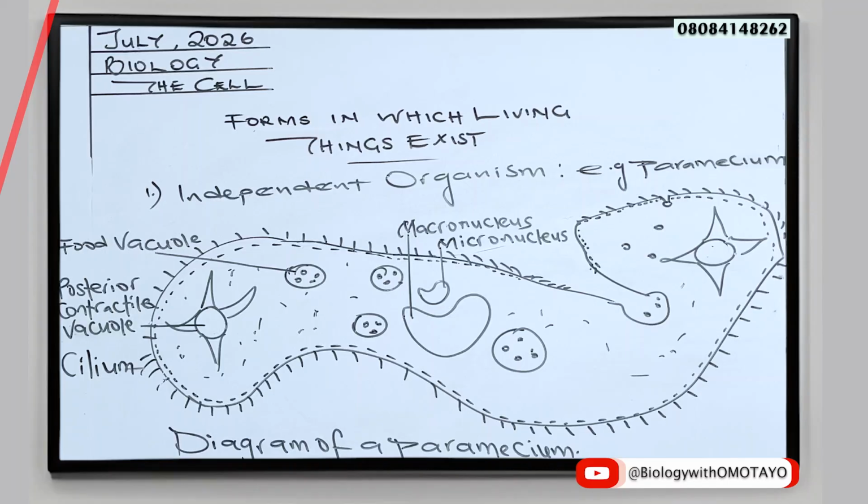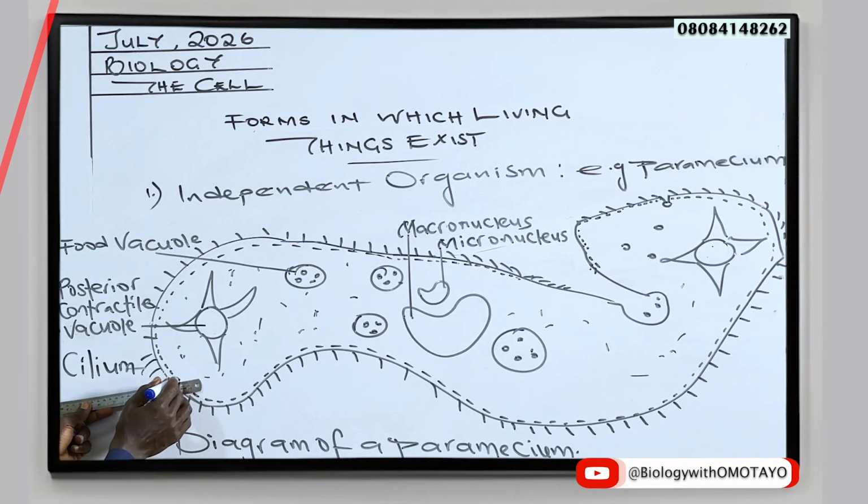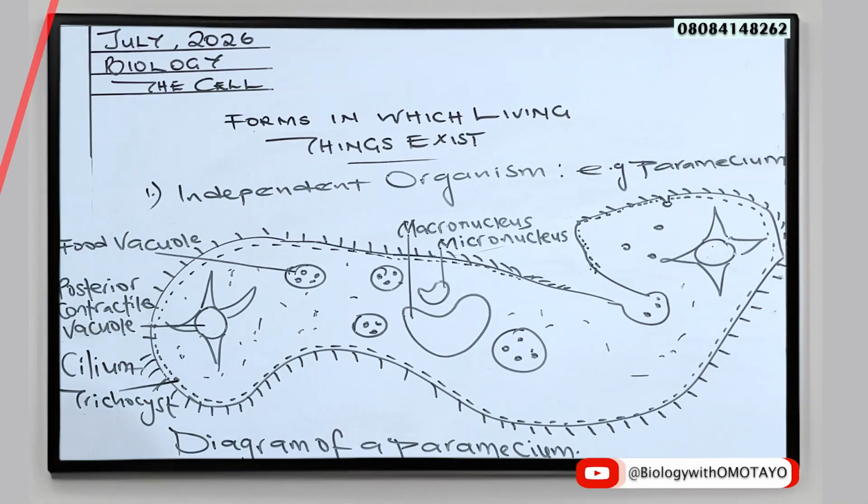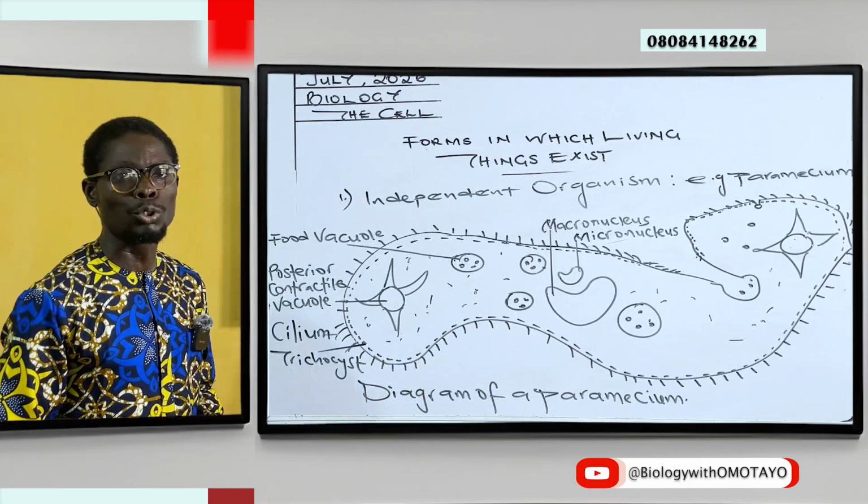Because of my space, I will try to point at other components of this organism and speak to them. Okay, as you can see here, we have an organelle in here known as the trichocyst. It is required for defense. It contains a secretion with which this organism is able to prey.